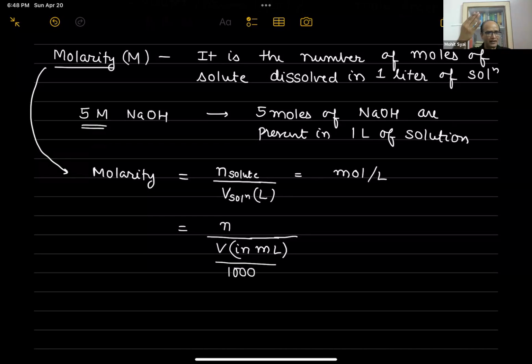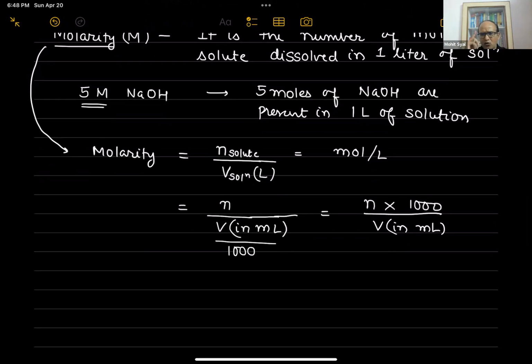This 1000, if you reciprocate, will come in the numerator. So number of moles into 1000 divided by volume in ml. So I hope that is clear to you.